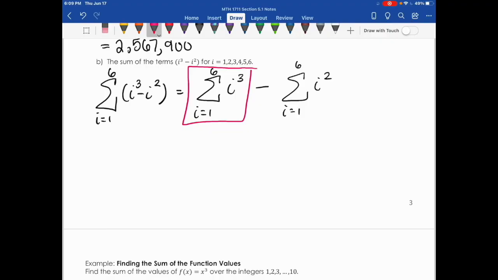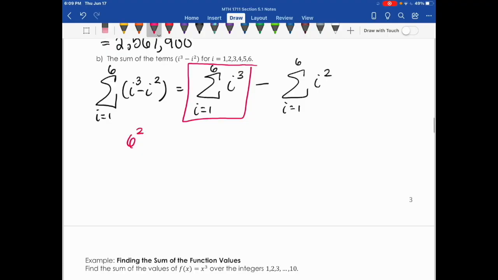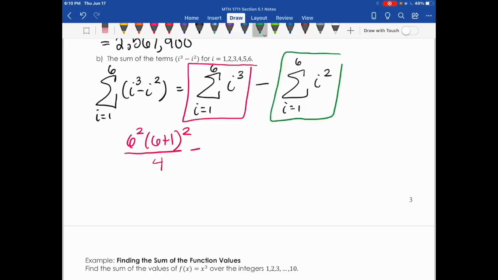Looking at this first sum first, I need to find the formula for the sum of i cubed. That formula is n squared times n plus 1 squared all over 4. Since my n is 6, I'm going to write 6 squared times 6 plus 1 squared, all over 4. For the second term, I need to subtract.